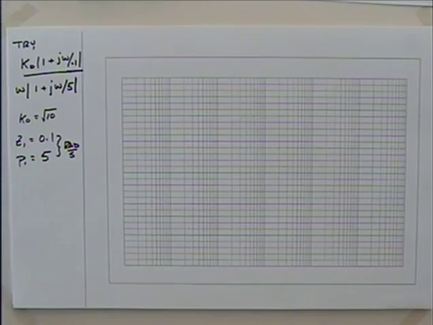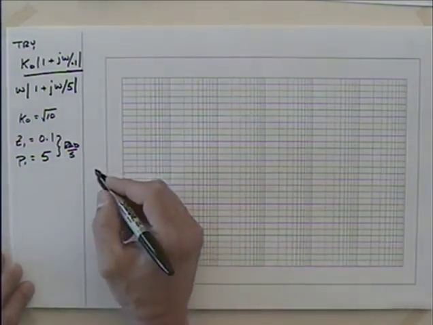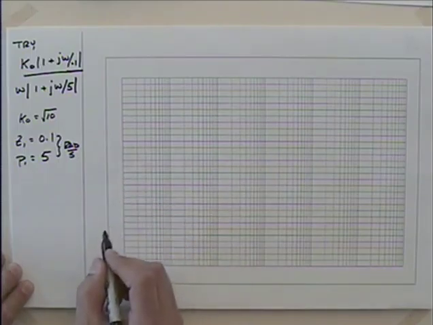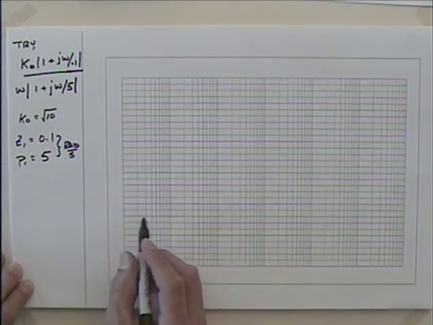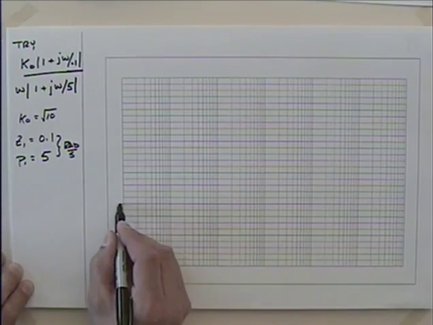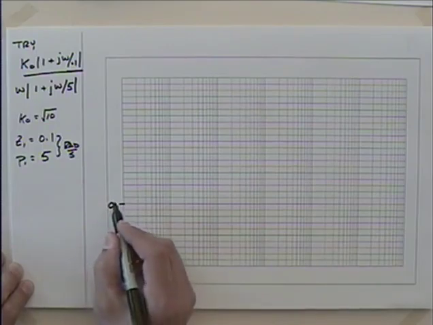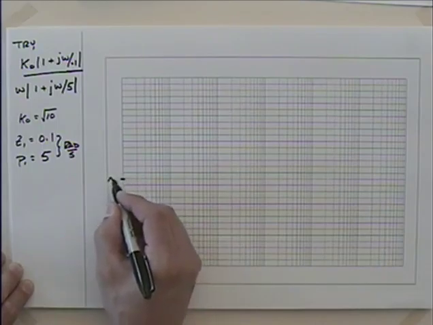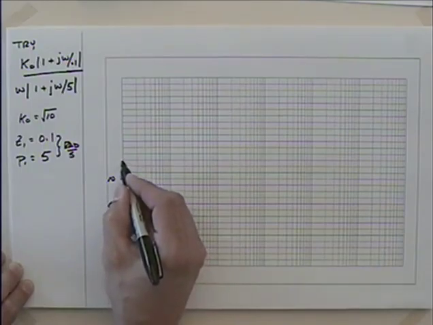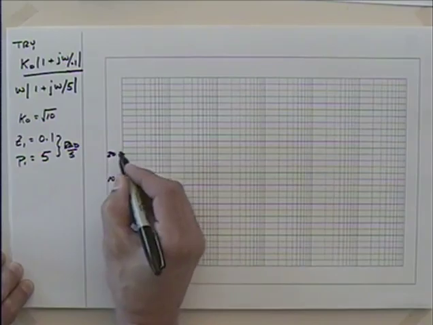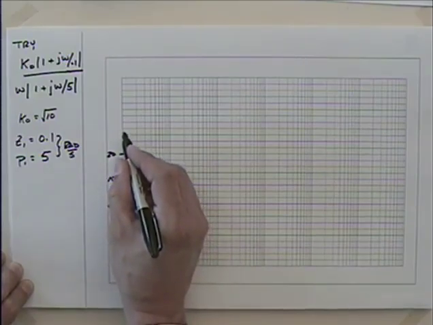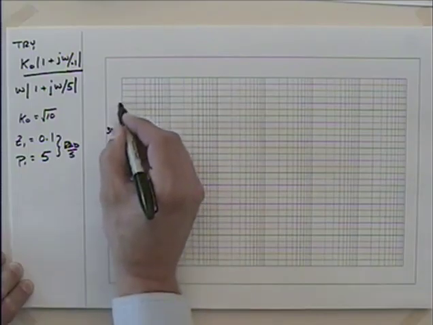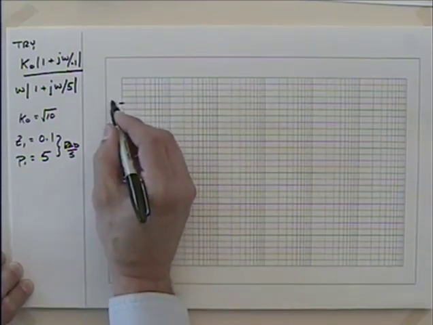Okay. So let me lay this thing out here. I'll start here at about 0, and I'll say 1, 2, 3, 4. I'll say this is 10 and 20, 30, and I think 40 should do this.